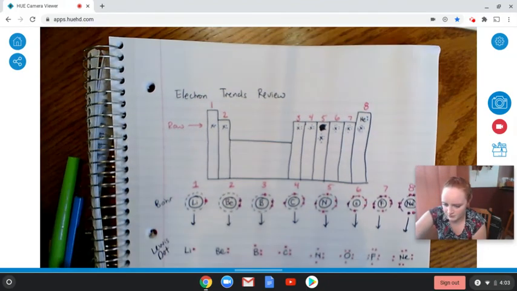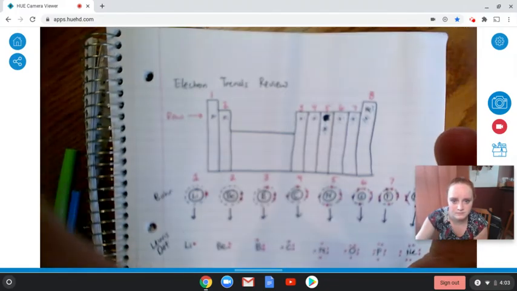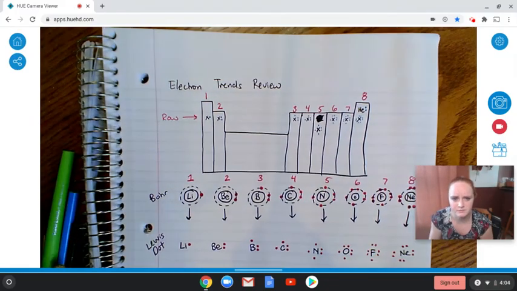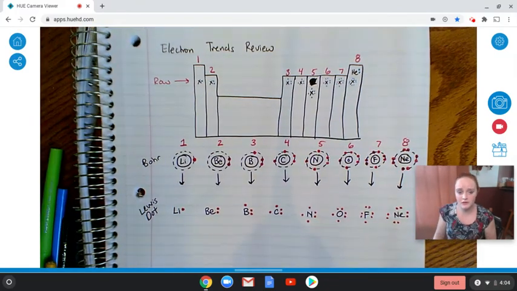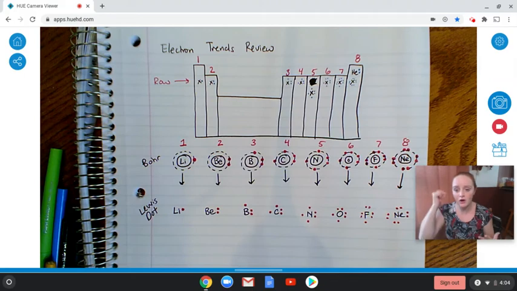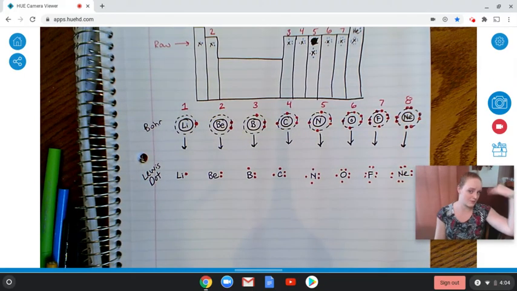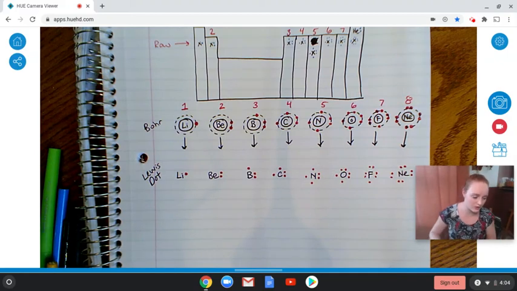All right, so those are our electron trends. This should have been reviewed. This should be stuff you know. If it's not stuff you know, hopefully it clicked now. Hopefully you're kind of remembering that and it's coming back from that atomic structure unit.